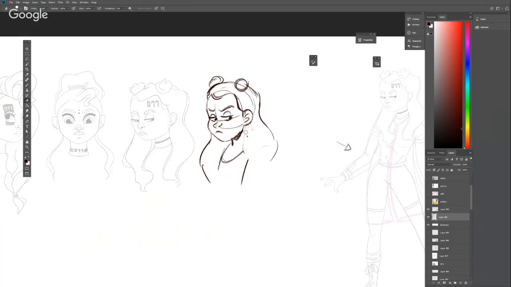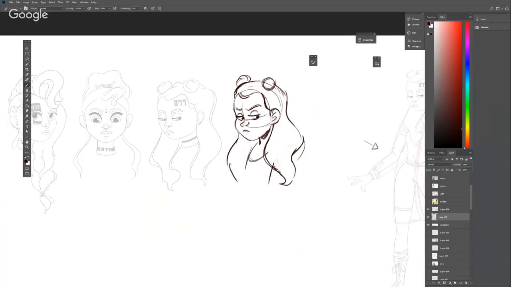There is something that would make it a bit different. Maybe there's hair that goes a bit like this or something, and let it come more out of behind her ear.